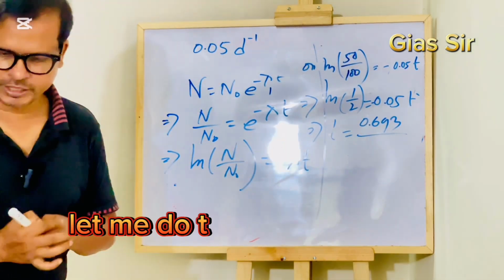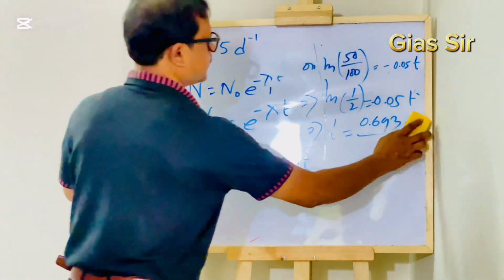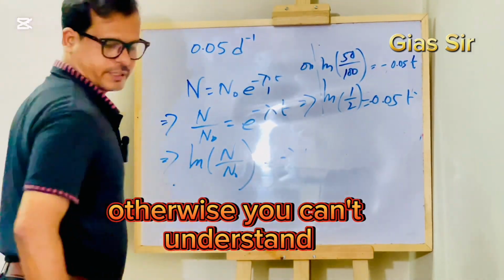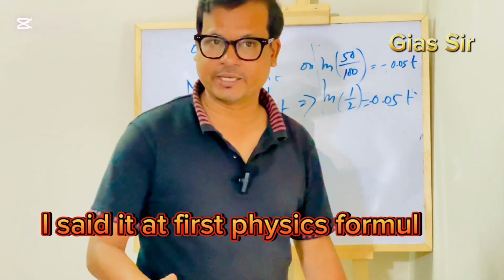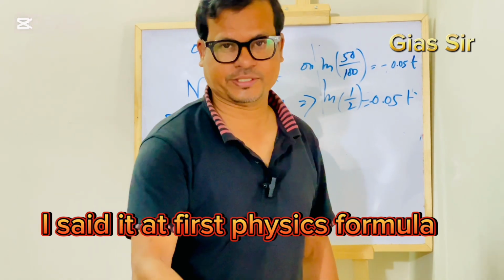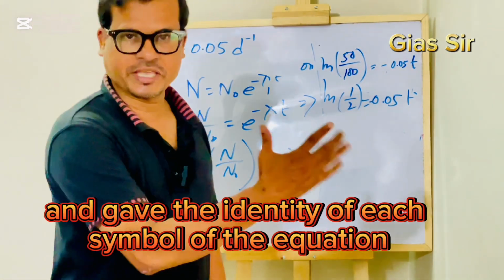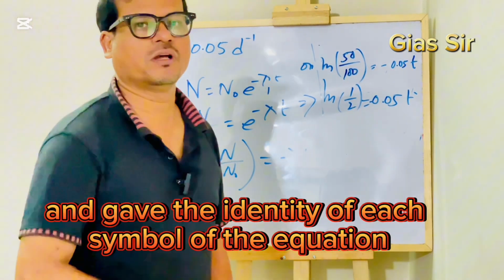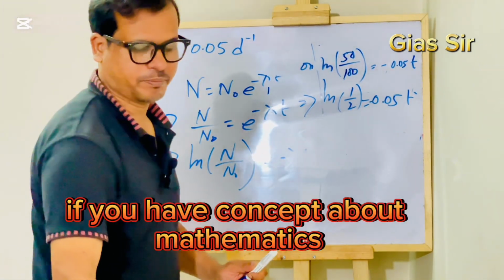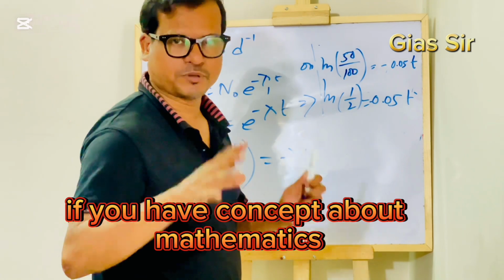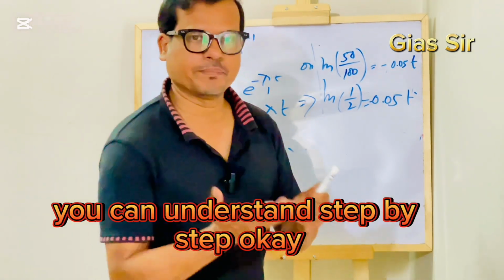Okay, let me do this on another line, otherwise you can't understand. This is mathematics. I'm doing mathematics, but I said at first the physics formula and gave the identity of each symbol of the equation. Now doing the mathematics, if you have the concept, you can understand step by step.